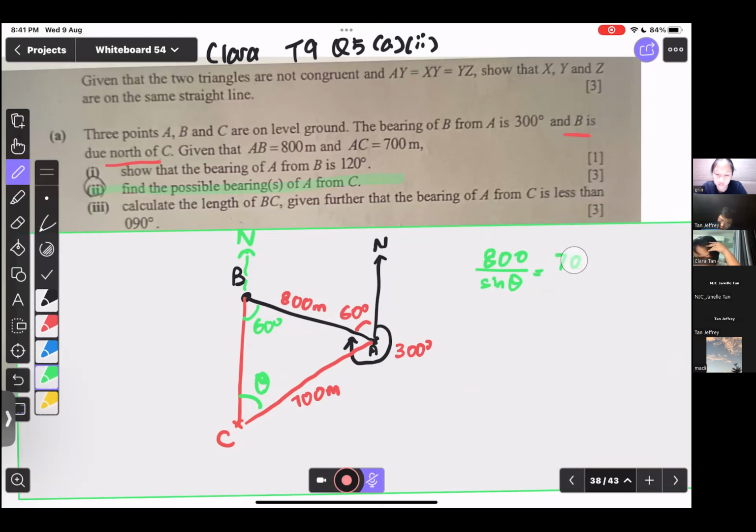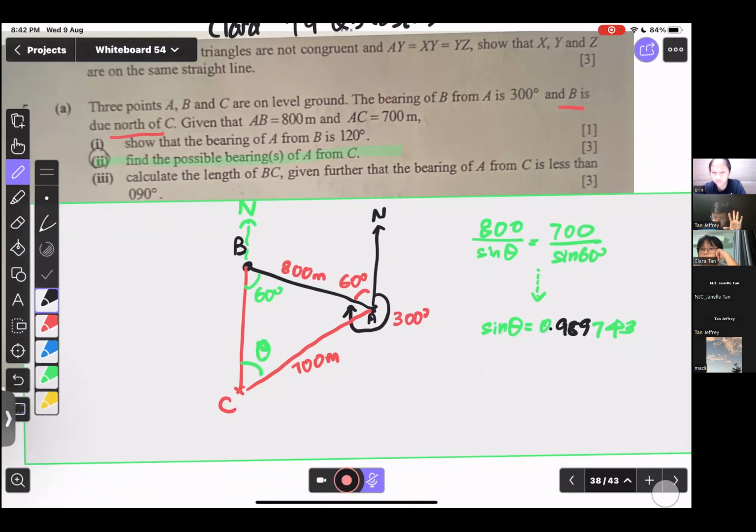700 over sine 60. After you do this, like a cooking show, four minutes later you should get this dish: 0.8989899743. Then it tells you that there are two answers.